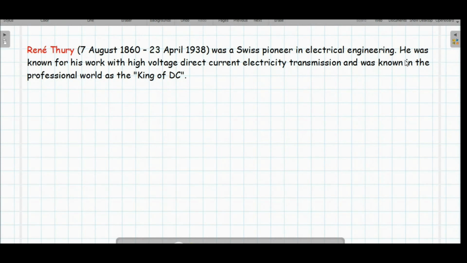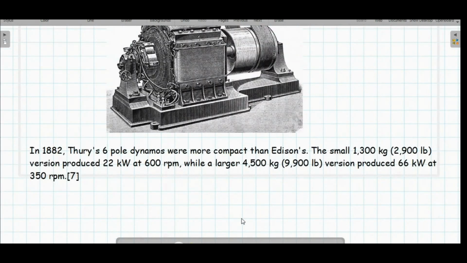The so-called Thury system for power generation uses a DC supply to generate electricity. This is the picture, the 1882 Thury 6-pole dynamo.